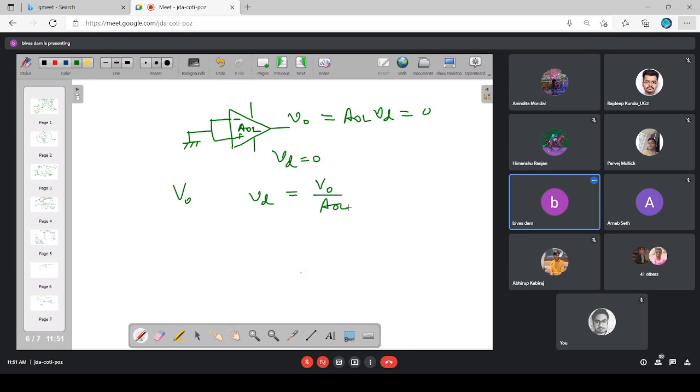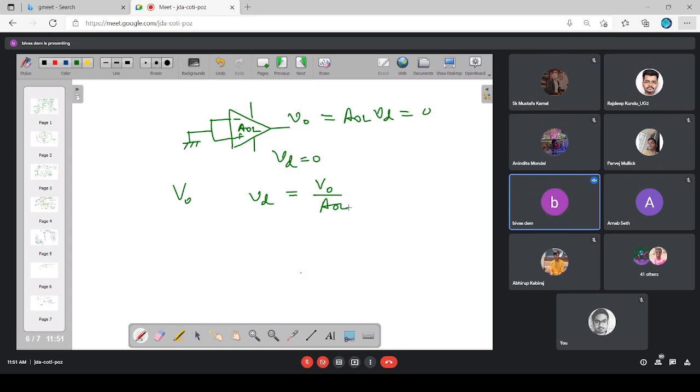Physically, by connection, how much input difference voltage have you applied? Zero. That is the input difference voltage that we have applied is 0.